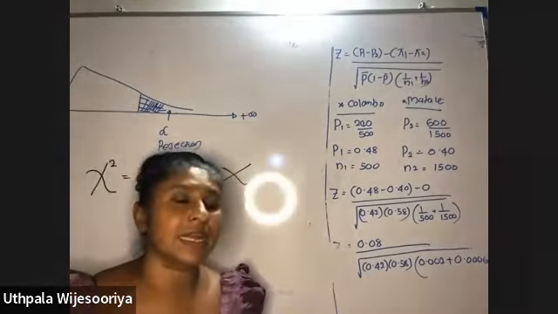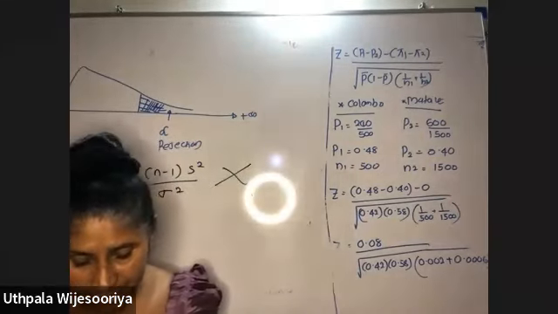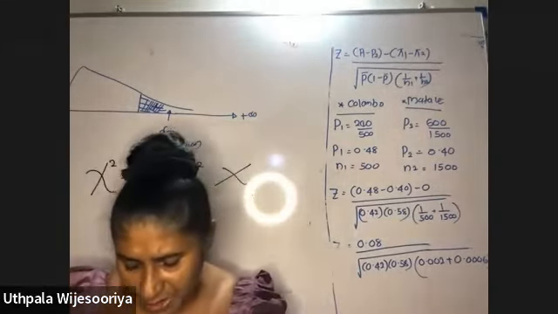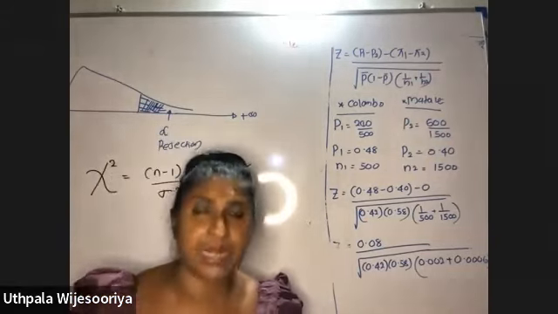The second one is the chi-square test of goodness of fit for probability distribution.